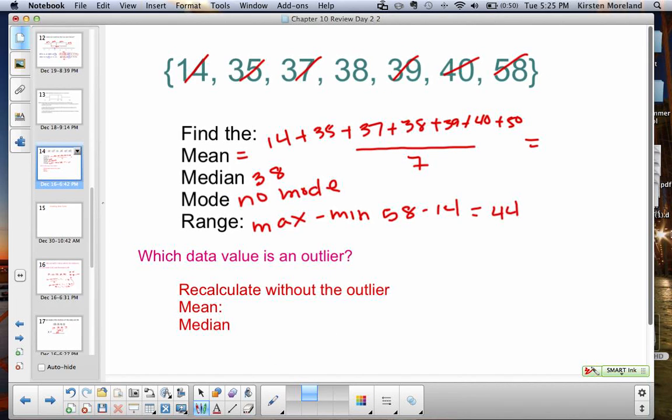So if I look at this, which data value is an outlier? I look at my numbers and I clearly see that 14 is way smaller than the rest of them. So I'm going to calculate the mean.